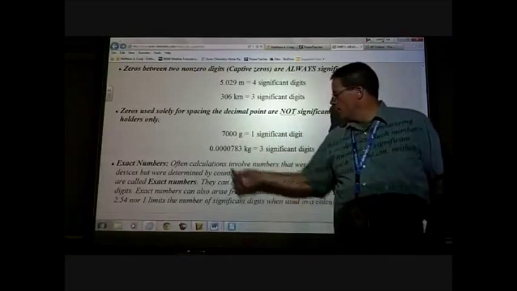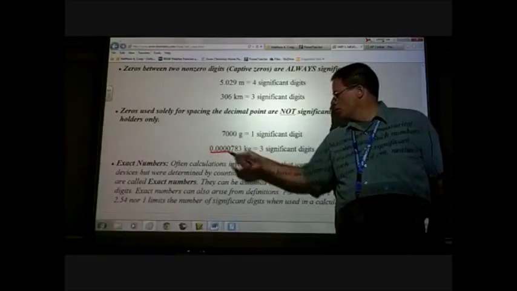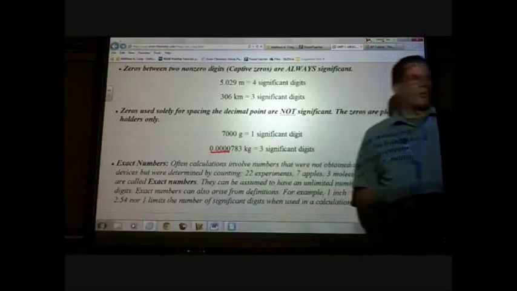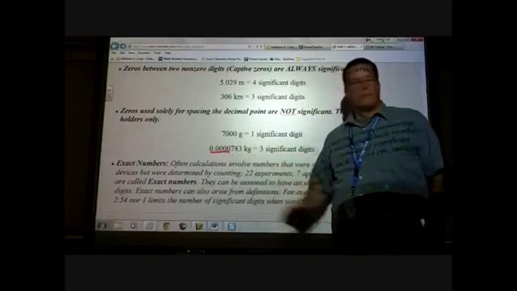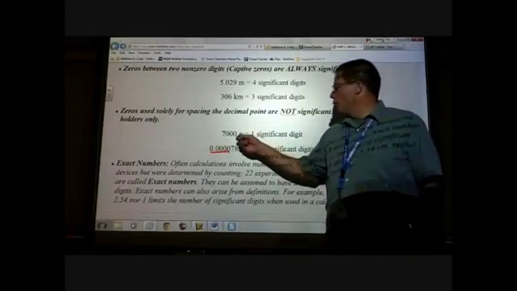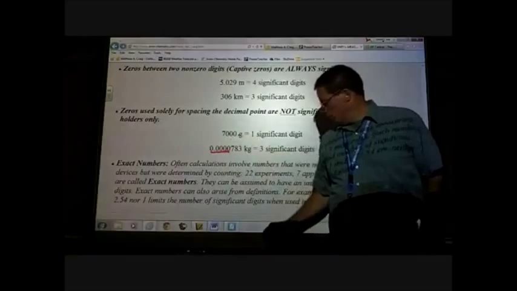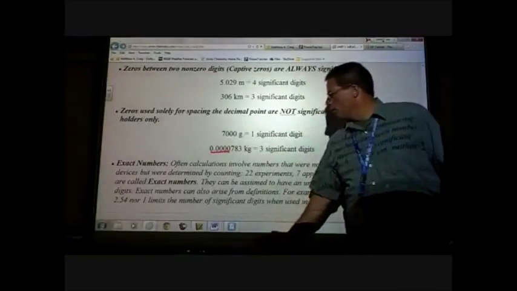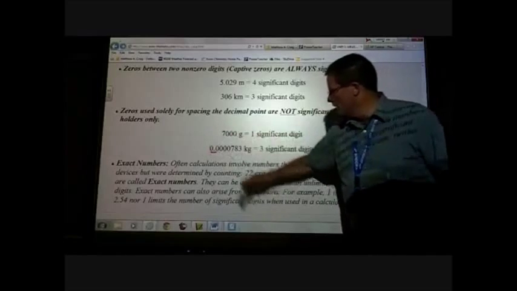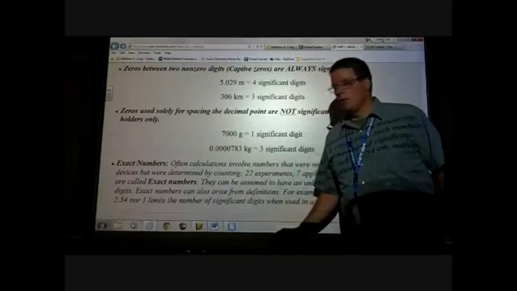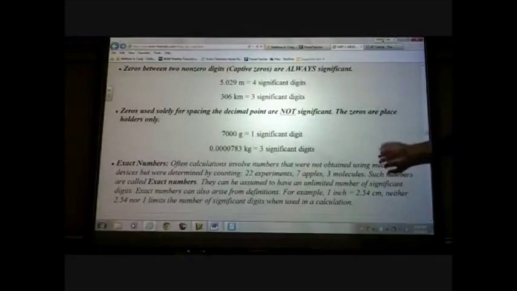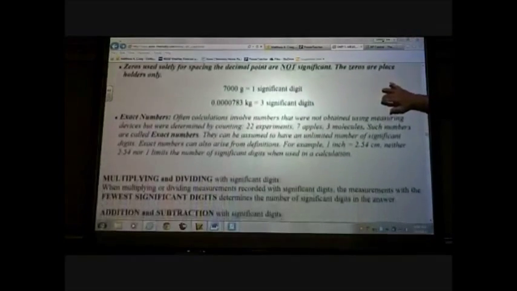Since there are no non-zero numbers before this 7, there's only 3 sig figs. These are only placeholders. You're like, what? So just remember, if there's a decimal, now they're all significant. No decimal, then only the non-zeros are significant. Aren't you glad you got out of bed this morning? This is what drives my students nuts. Even AP students go crazy on this stuff.